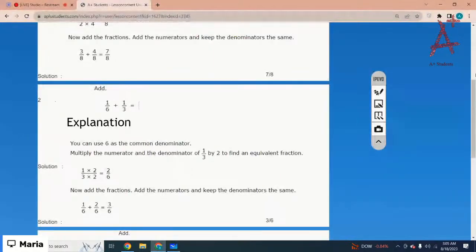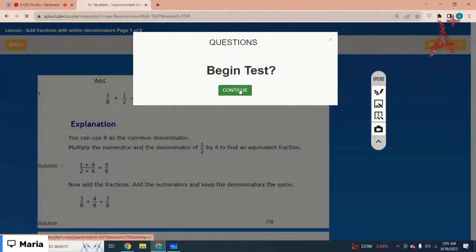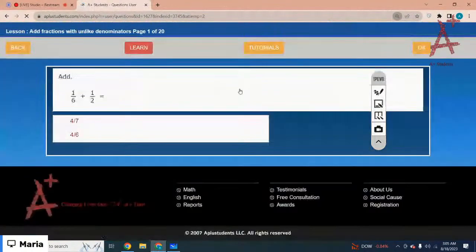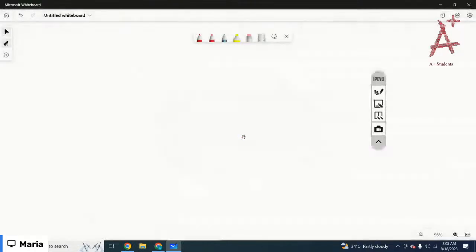Okay, let's start with the practice questions. The first one is 1 over 6 plus 1 over 2. First of all, we have to make the denominator the same. 2 times 3 is 6, right? So you have to multiply this fraction by 3.